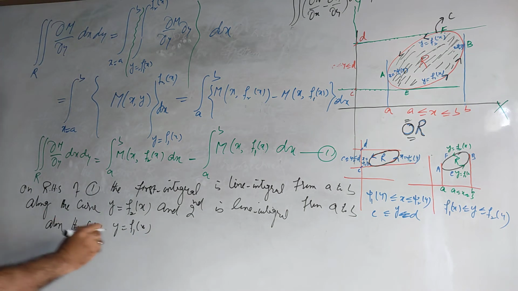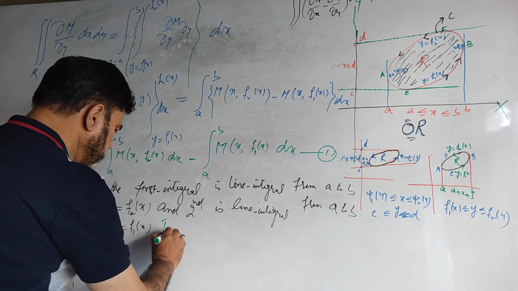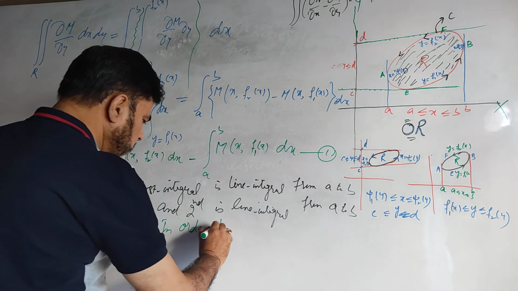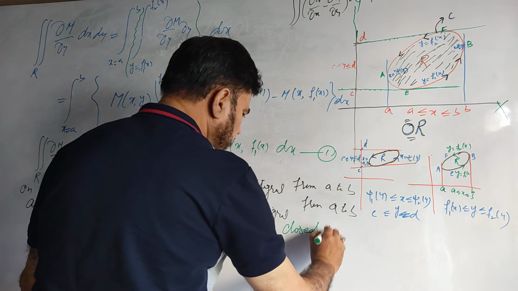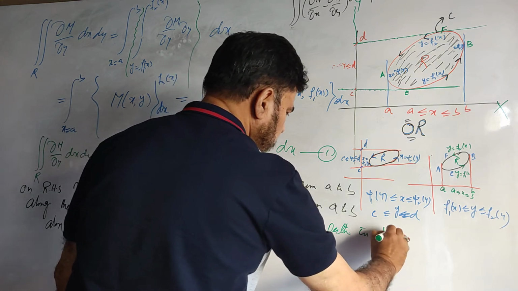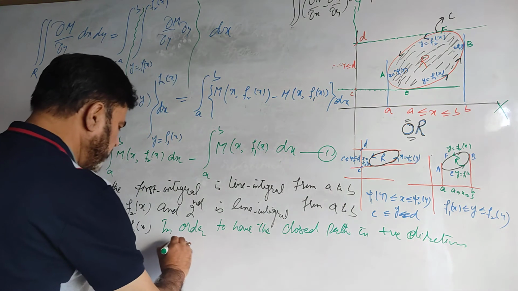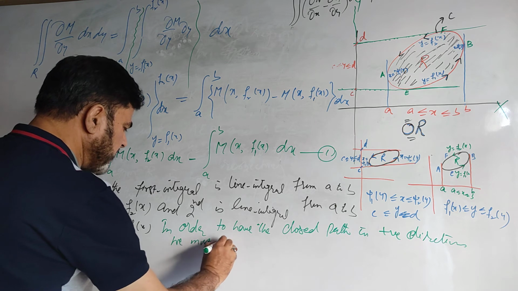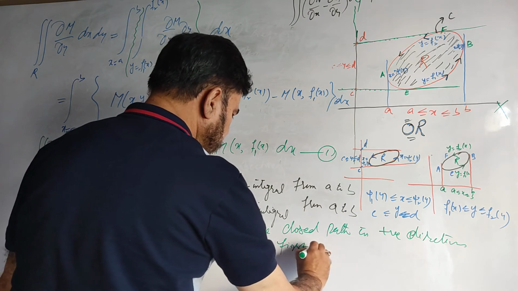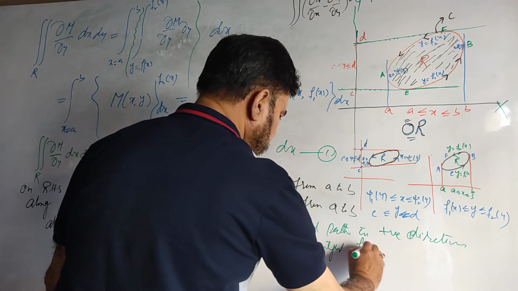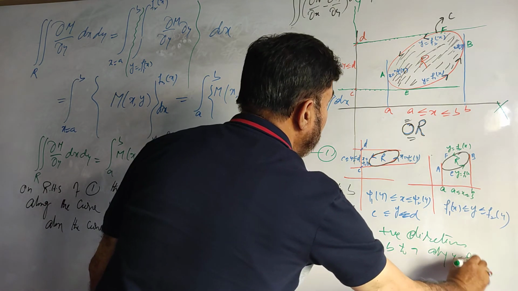So therefore we write, in order to have a closed path in positive direction, we must evaluate the first integral from B to A along y is equal to f2x.